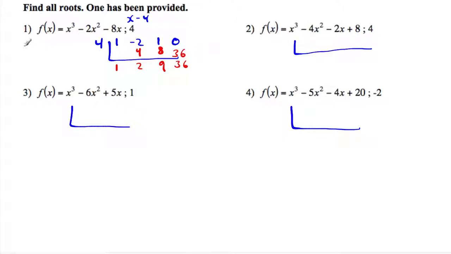So my answer here would be x squared plus 2x plus 9, and I'm going to have plus 36 over what I was dividing by, and because I was dividing by x minus 4, I get 36 over x minus 4. Because the root was 4, the factor was x minus 4. That's what I was dividing by. So that's an example of when we do have a remainder. Whatever we were dividing by is in the denominator, and the remainder is in the numerator.